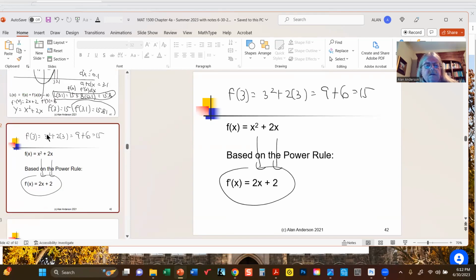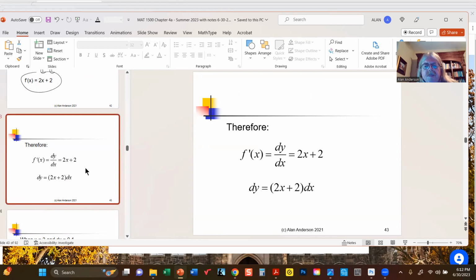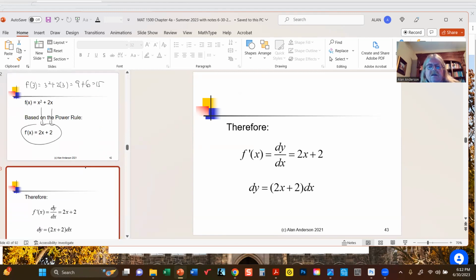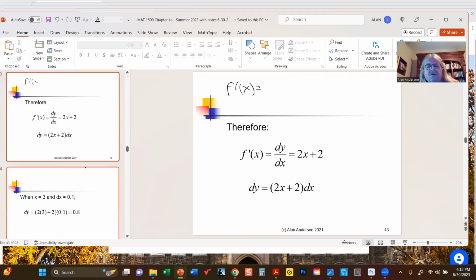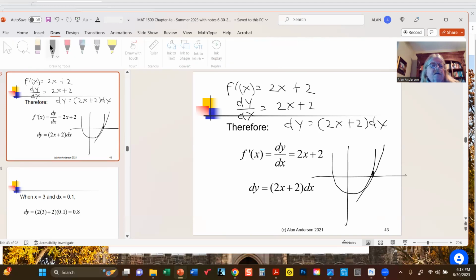Since f prime of x equals 2x plus 2, dy/dx equals 2x plus 2, so dy equals (2x plus 2) dx.